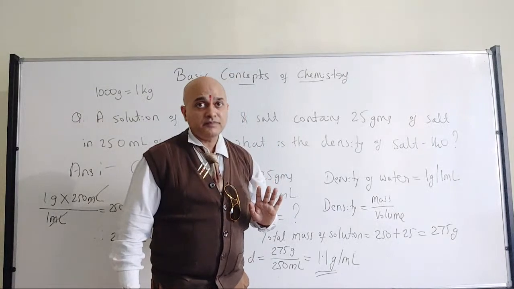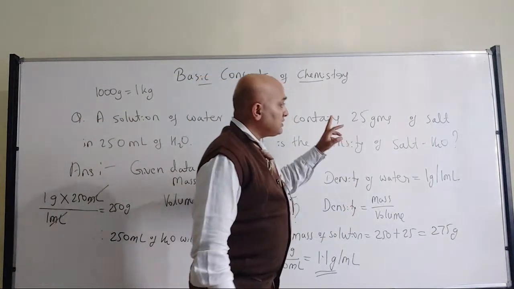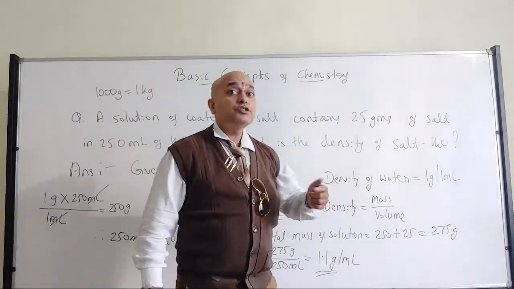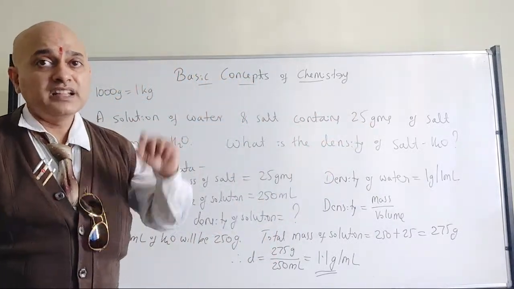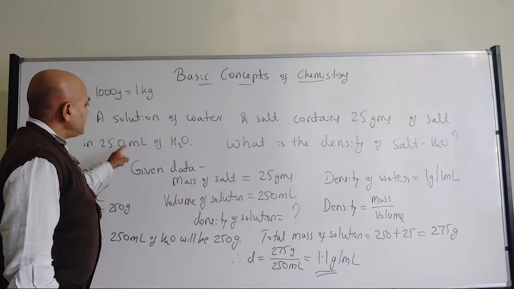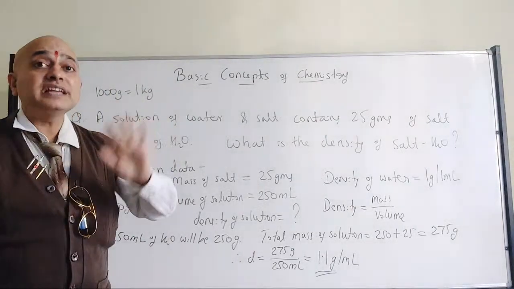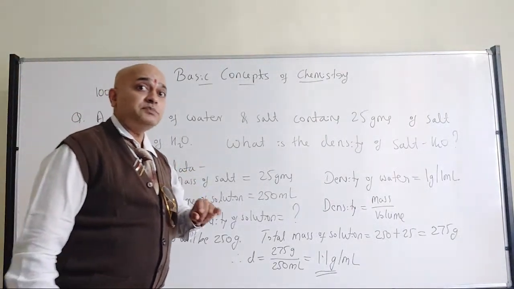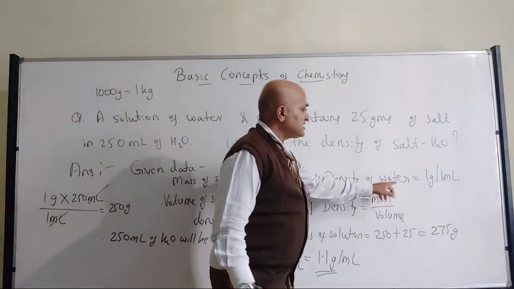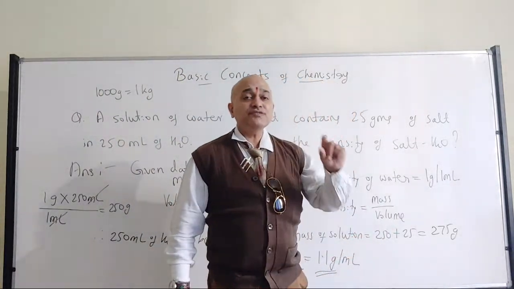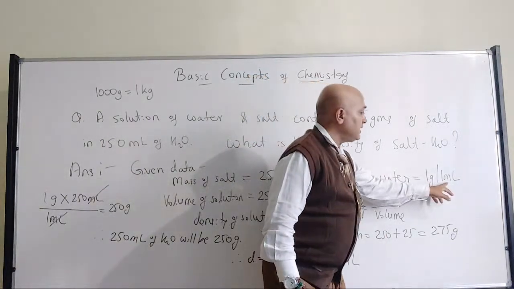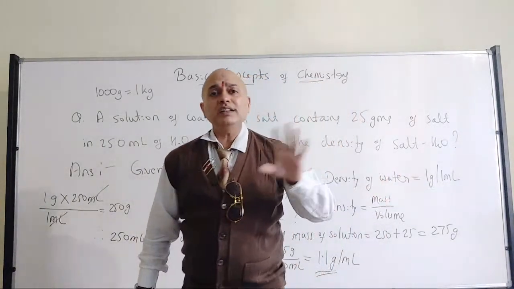Fine. To find the mass of solution, we should know the mass of the given amount of water, which they have not mentioned. That is because it is understood. Since density of water is 1 gram per ml, if I take 1 ml of water, it will weigh exactly 1 gram.